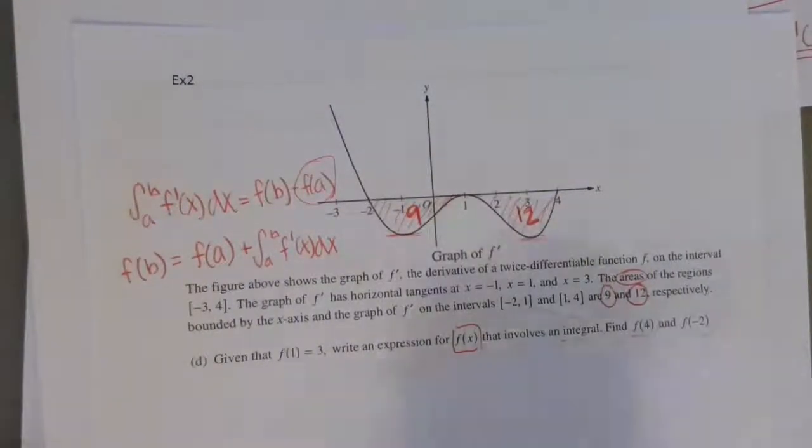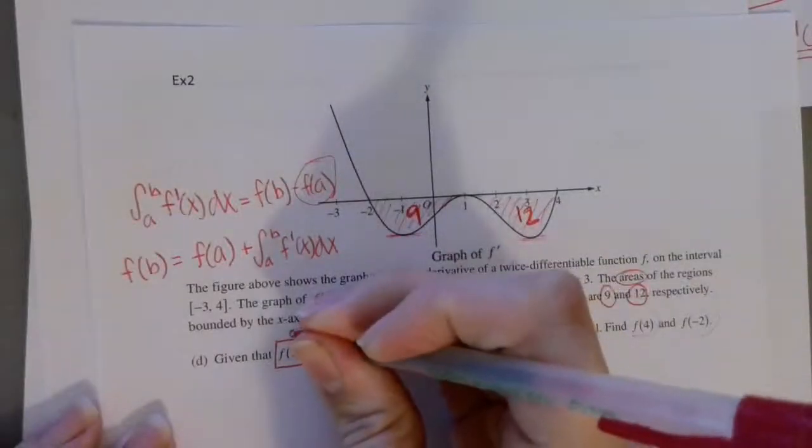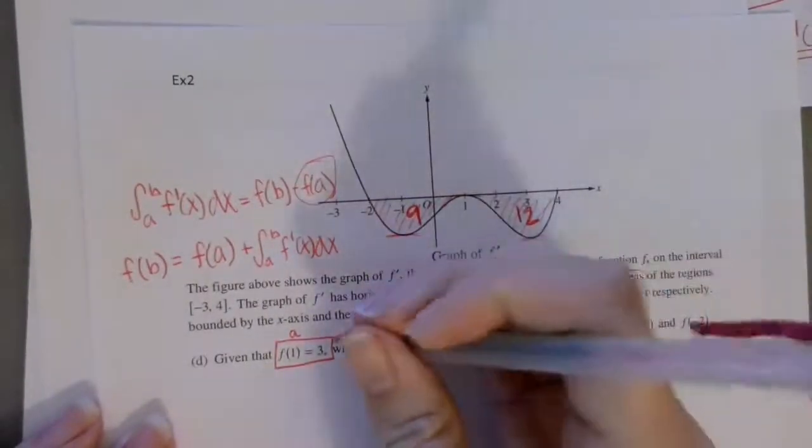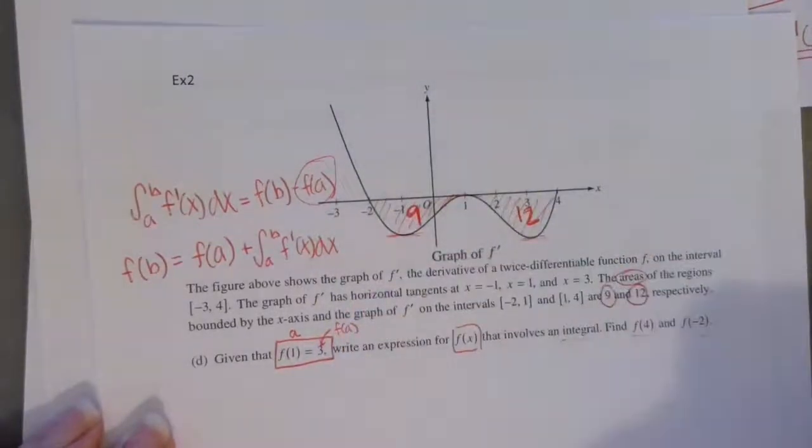Okay, so they gave us an initial condition. So this 1 is a, and this 3, that's the y value, that's f of a.